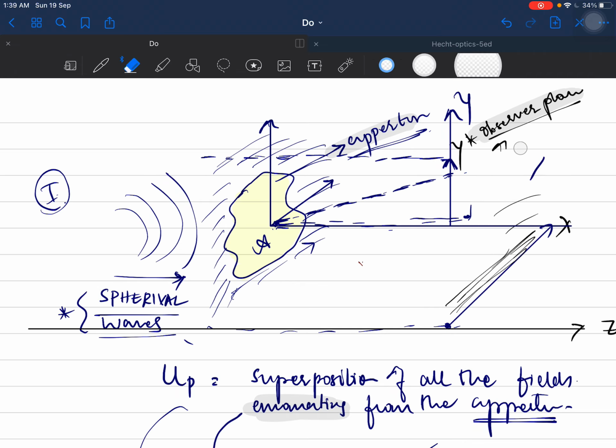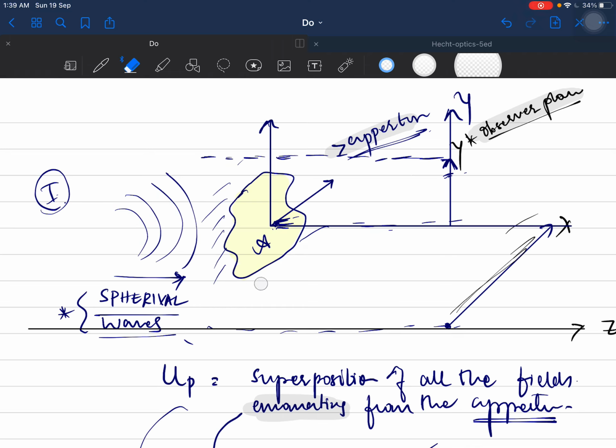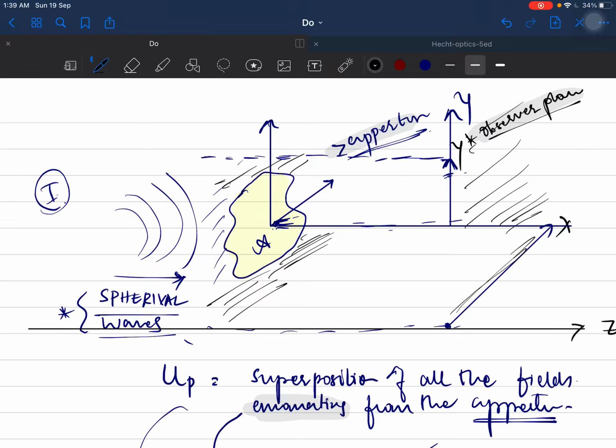Let me erase this down here. This is xi, this is eta.